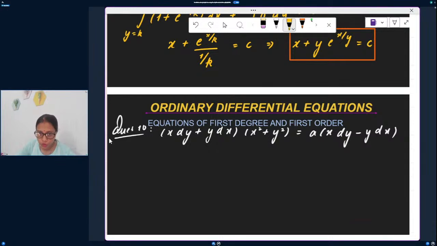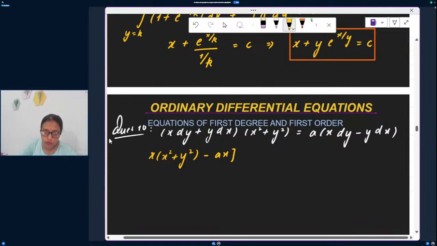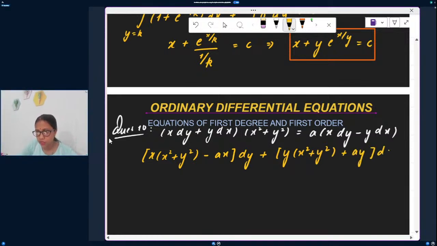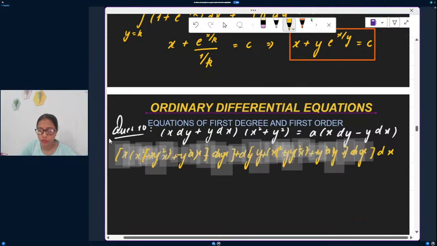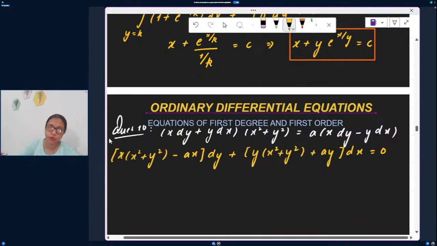So the coefficient of dy is x square plus y square minus ax, plus the coefficient of dx is y(x square plus y square) plus ay, dx equals 0.